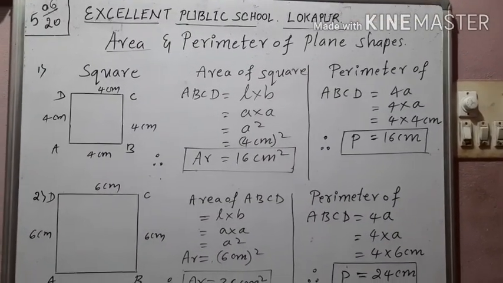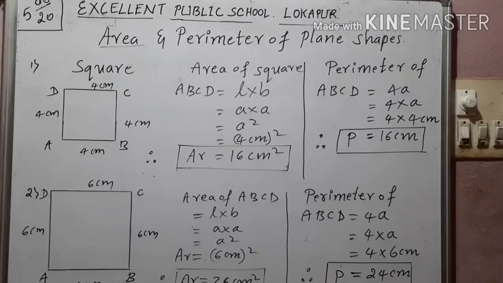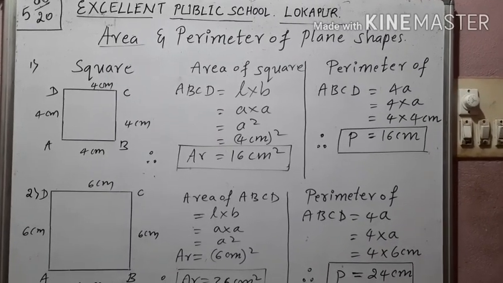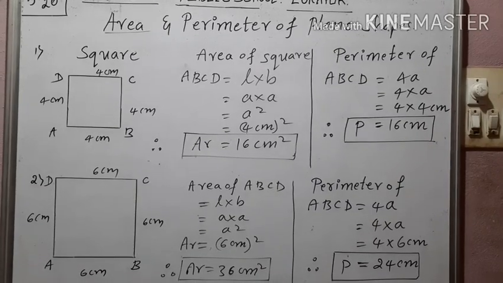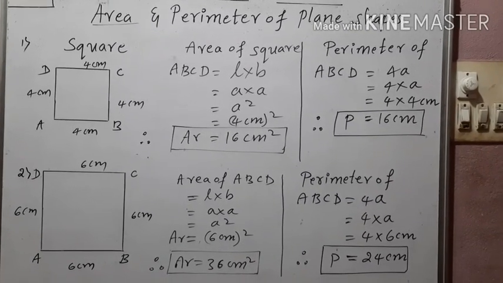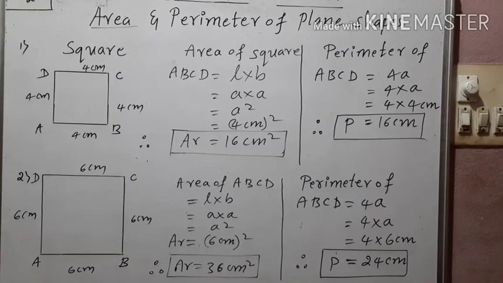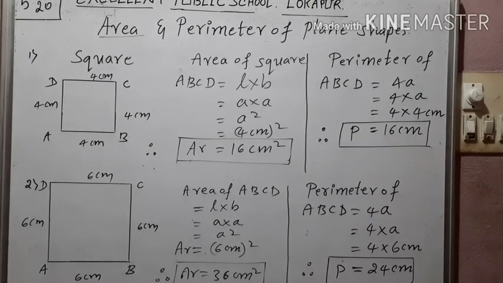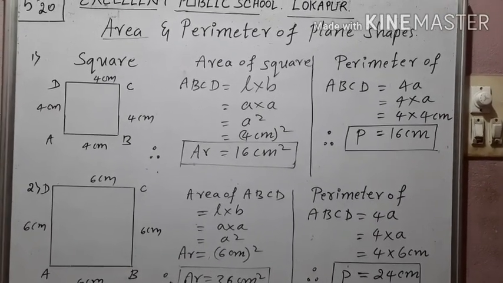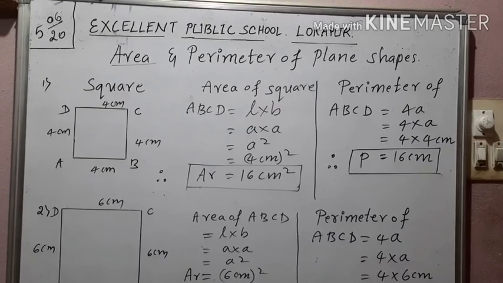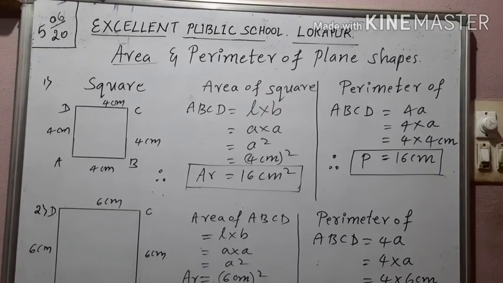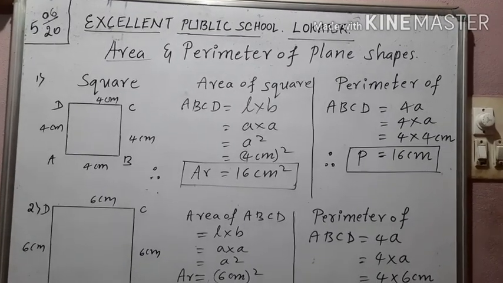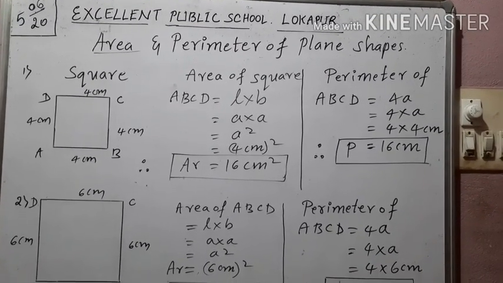Dear children, we know that one full round length of an object is called the perimeter and the place covered by an object is called area. The other days we learned to find the area of plane shapes separately and the perimeter of plane shapes separately.